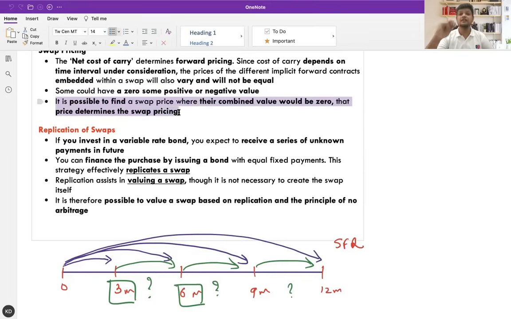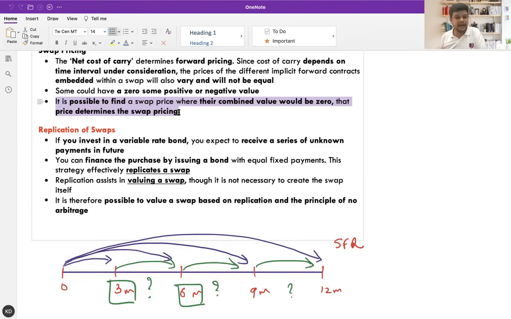That price determines the swap pricing. So if you and I agree that these should be the forward rates, let's say based on the spot rate of the treasury, we both agree that these are the perfect rates, and based on that we calculate the forward rates, and on that basis we both agree at a fixed rate today, then the value at initiation is zero. But after 3 months, it is not necessary that the rates will be the same as per our expectations.